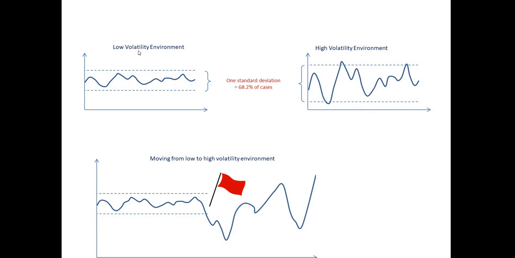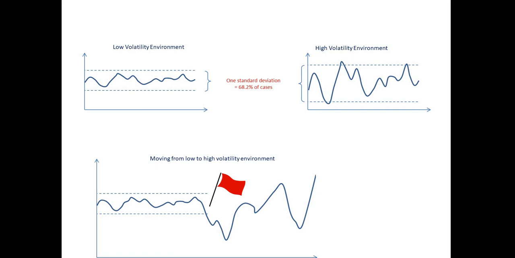So as we can see, when we're in a low volatility environment and we sell a strangle around one standard deviation, then we are relatively close to the mean, the average or the middle line of the price movement. For those of you who are new to options trading, when you sell a strangle, it means you sell a put option and a call option expiring at the same time.